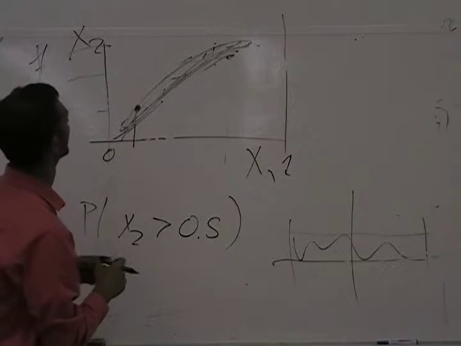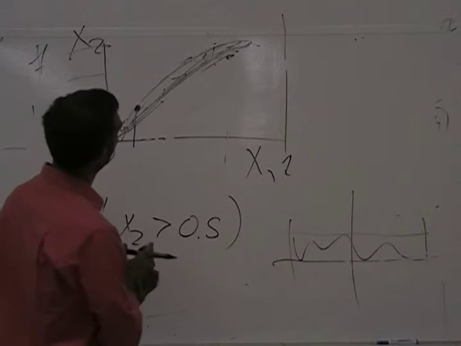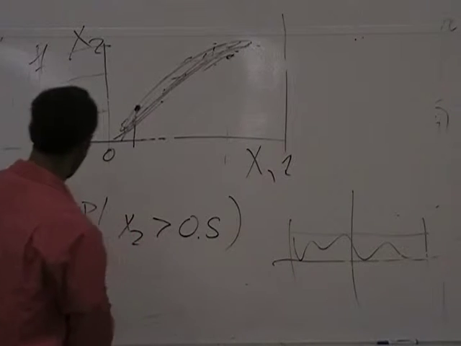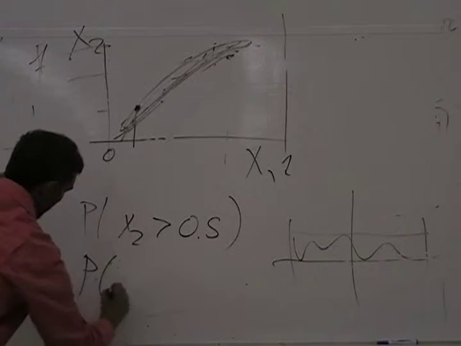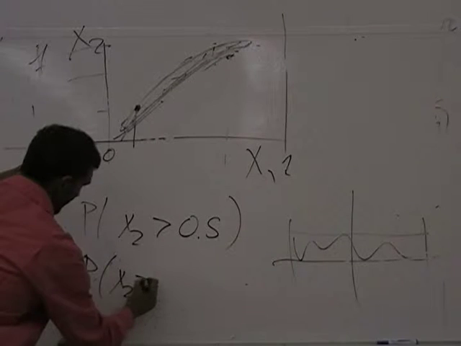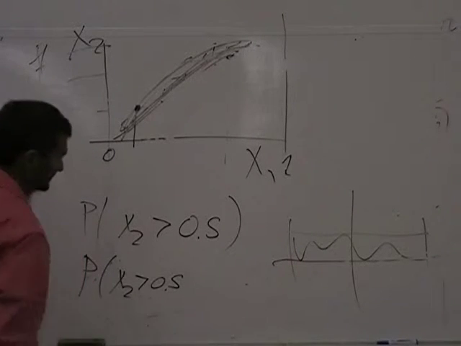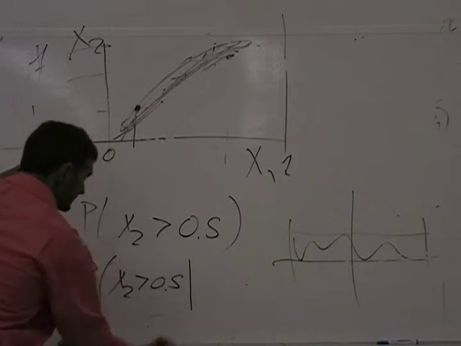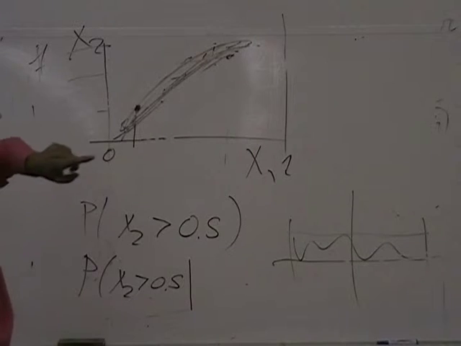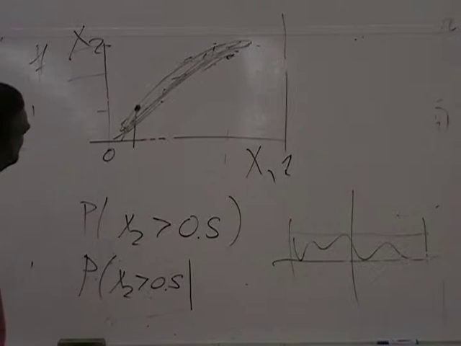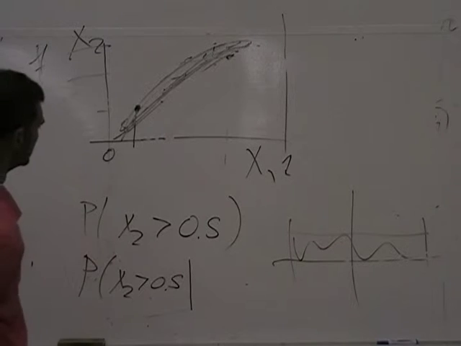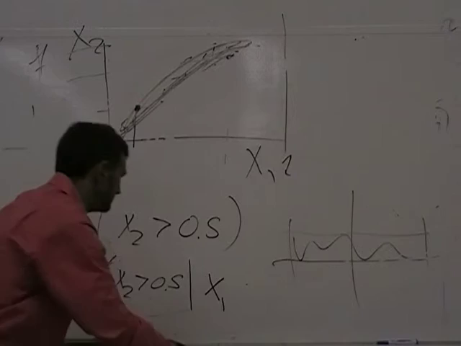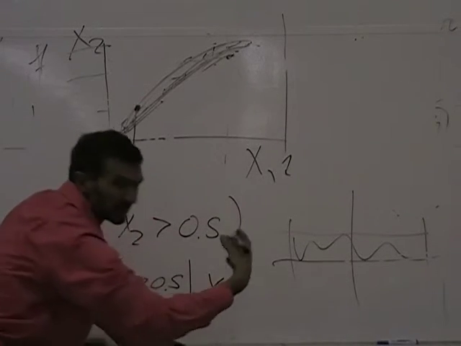Then what is the probability of x2 being greater than 0.5, given x1 is in some range?